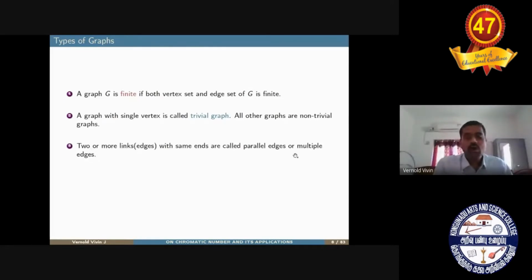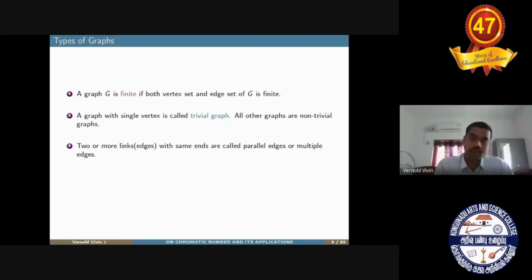Next, two or more edges with the same ends are called parallel edges or multiple edges. This is what we have seen in the Konigsberg bridge problem. You can find the vertices B and C and D are connected by two edges, that is, two nodes or two ends are connected with two edges. Same ends will have two edges.